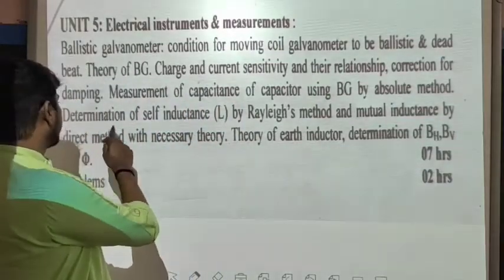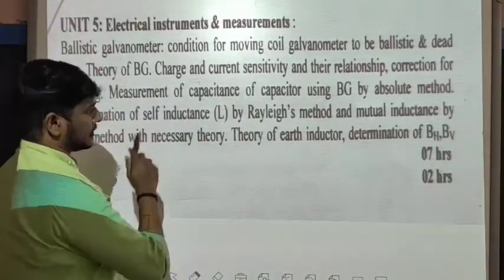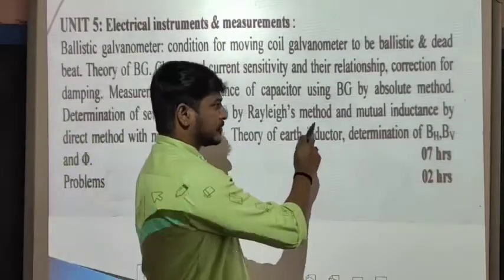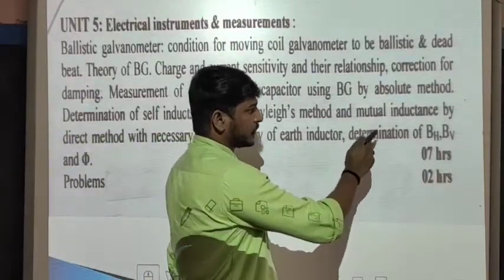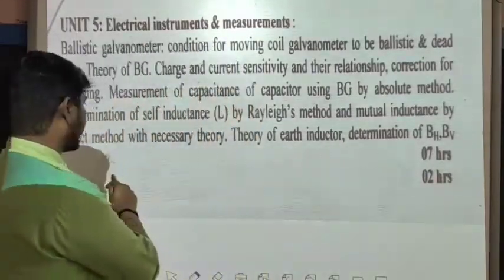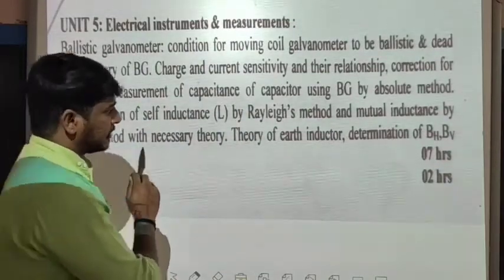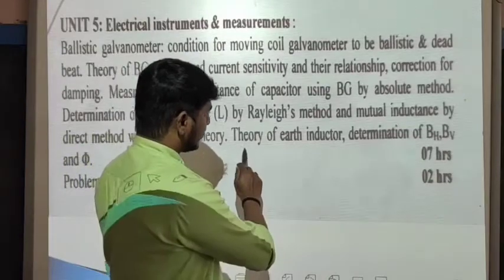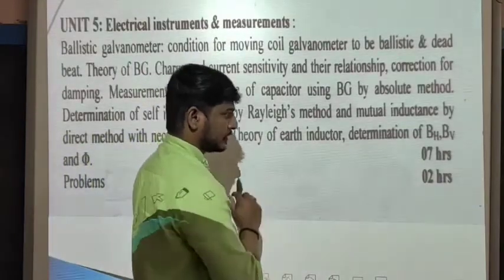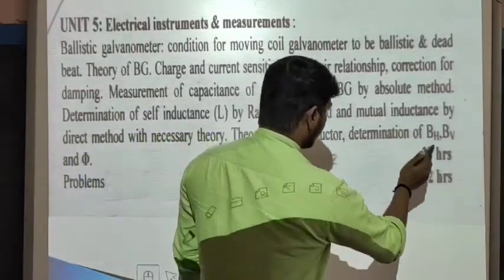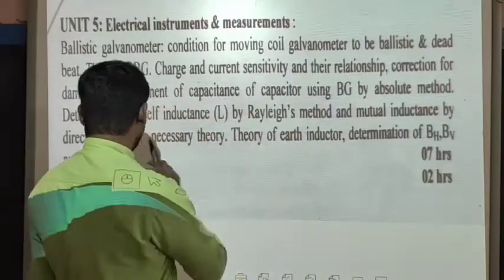Then determination of self-inductance by Rayleigh's method and mutual inductance by direct method with necessary theory. And the last two concepts are theory of earth inductor, determination of BH, BV and psi.